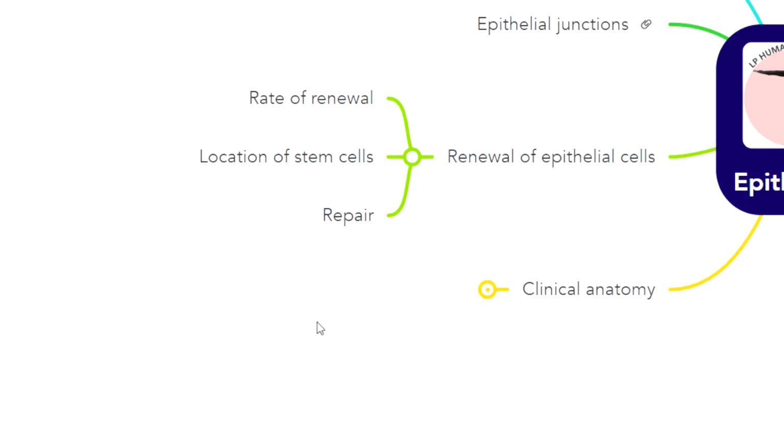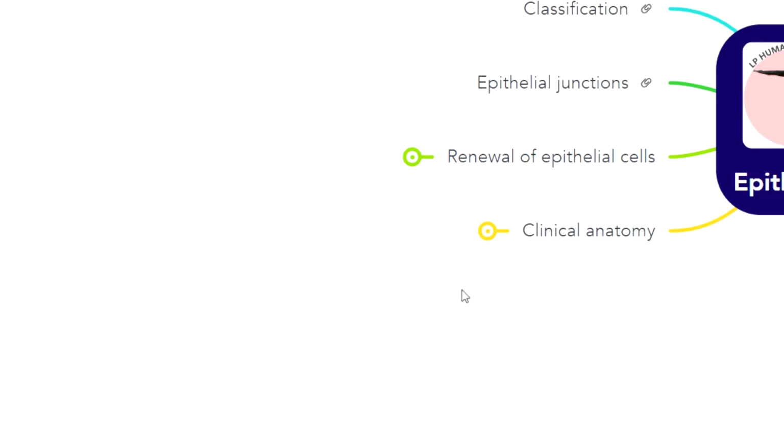The stem cells which renew the epithelial cells can be located close to the region of renewal, or they can be present away from the region of renewal. And during damage of any organ, the stem cells come into action to repair the organ. So that is renewal of epithelial cells.